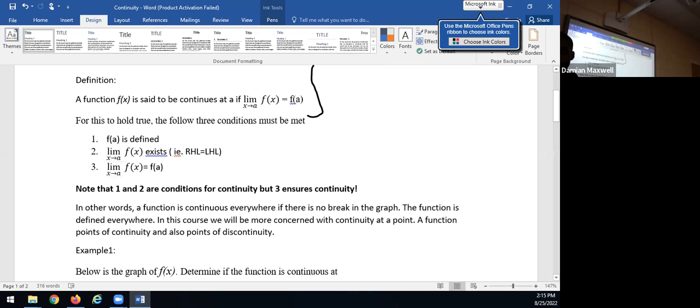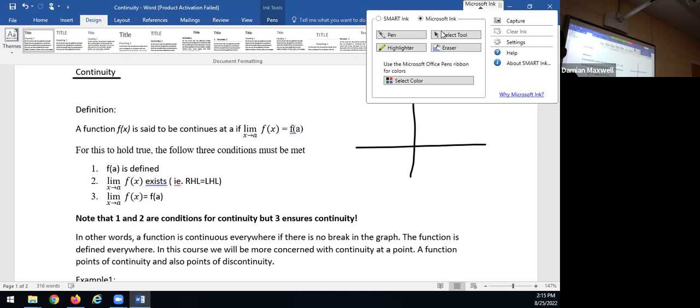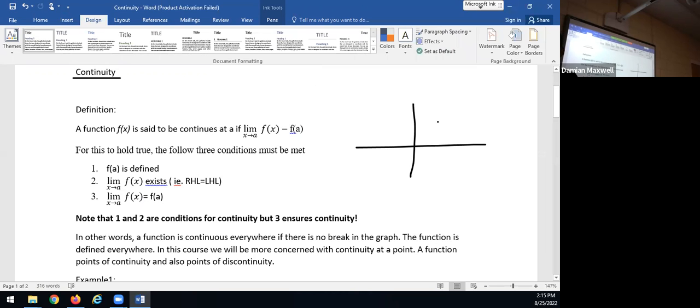So let me give you an example. Let's say you have a graph. And we looked at some of these in our last class. And let's say this is 3. And we have something like this. Let's say the function goes like that here, and it goes like that here.